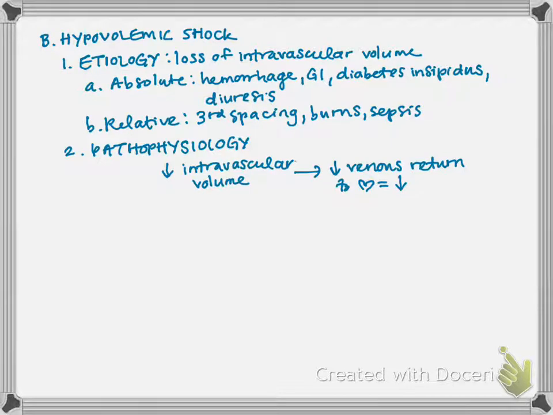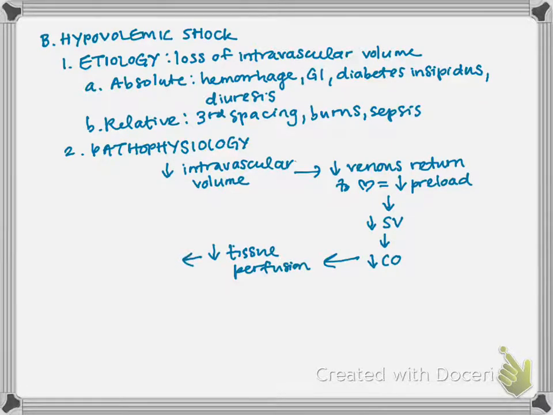Preload. Remember, preload is the volume at the end of diastole. So decreased preload, and therefore, like you said, decreased stroke volume, decreased cardiac output, which means, definition of shock, decreased tissue perfusion, and impaired what? Cellular metabolism.